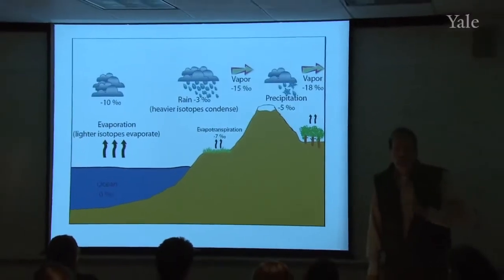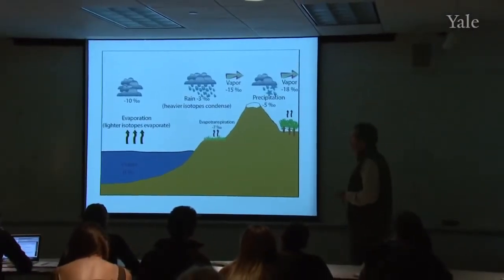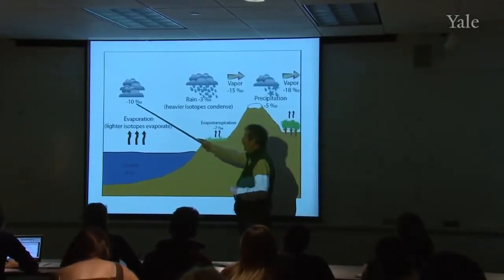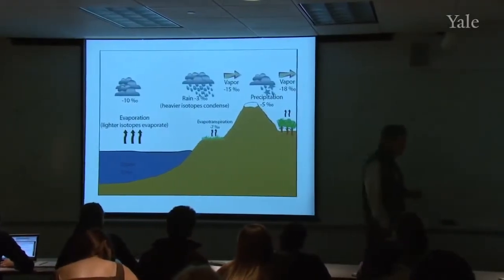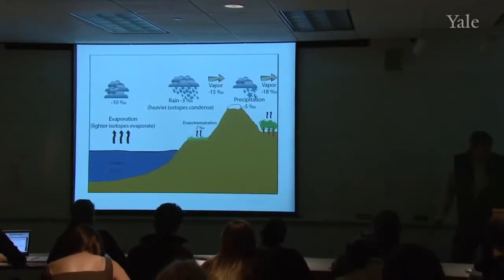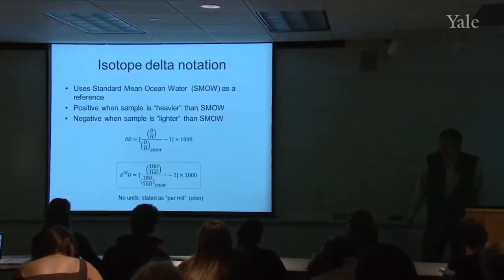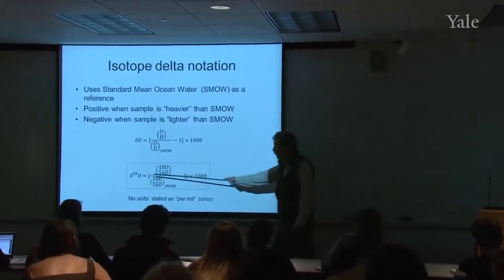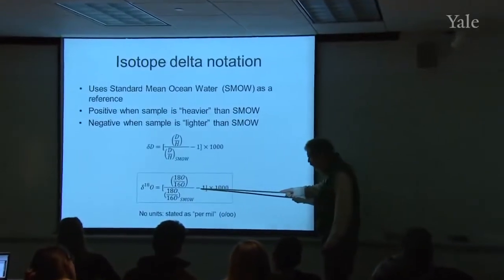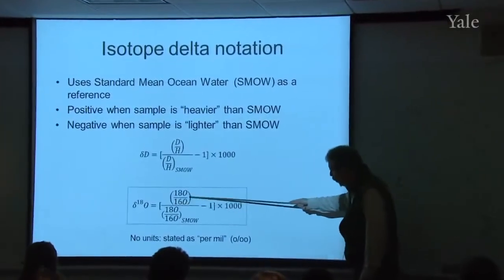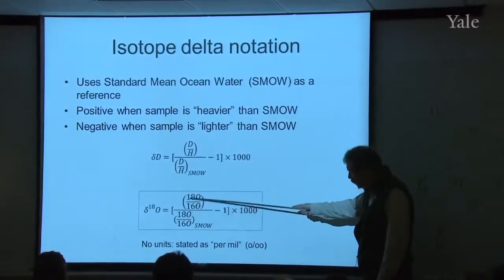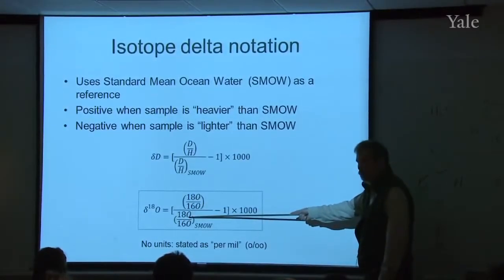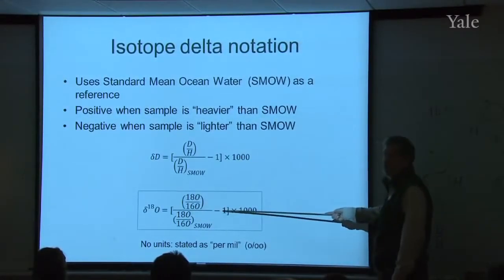I'm sorry? What is the negative 10 per mil? Well, that's the delta value. If that's delta O18, I think those values would be appropriate. If it's negative, it means that that number was less than that number, so that ratio was less than 1, so that when I subtracted 1 from it, I got a negative number, right?